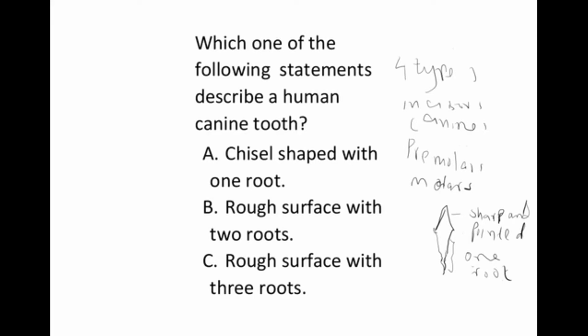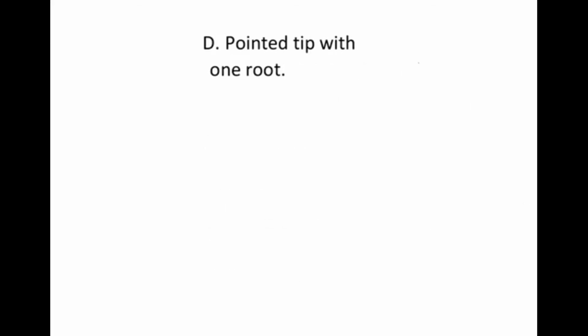So when you look at our choices here, we have choice A, they are chisel shaped with one root. B, they are flat surface with 2 roots. C, we have flat surface with 3 roots. And then our D, we have pointed tip with 1 root.